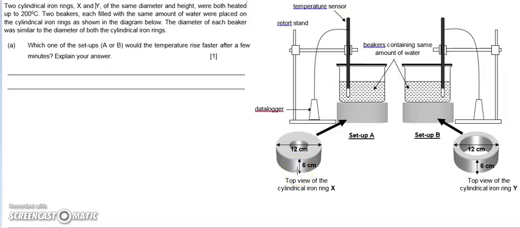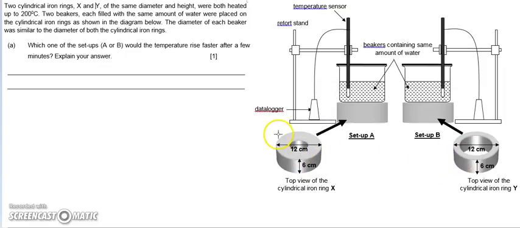And if these two cylindrical iron rings are both 200 degrees Celsius, the temperature is the same, but because this is thicker, it would have more heat energy than this one.